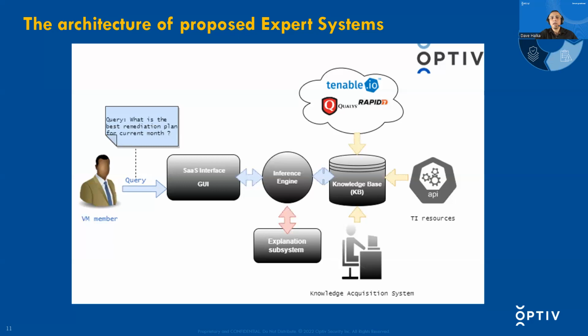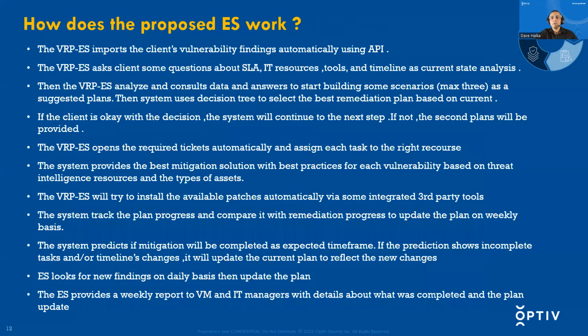Finally, the explanation subsystem tells us why this decision, in our case this plan, has been chosen and based on what. It is a very simple concept, but at the same time it needs a lot of work, and this is one con of the expert system or any AI in general.